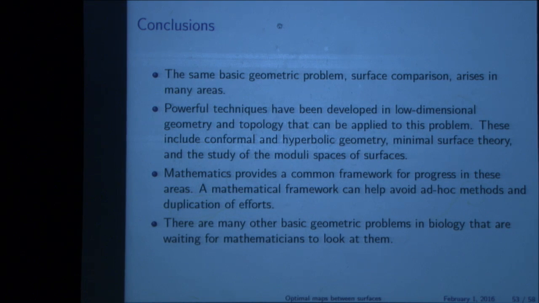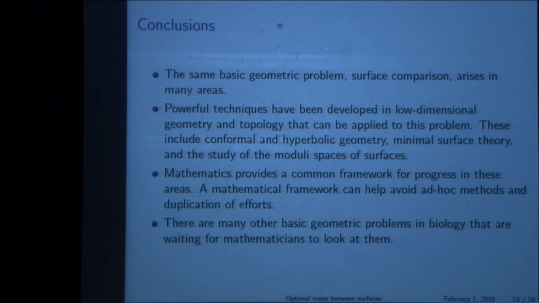So in conclusion, this same basic problem of how to compare two surfaces shows up in lots of areas. There are powerful techniques of low-dimensional geometry and topology that have been developed that can be applied to this problem. One of the roles I think mathematicians can play is providing a common framework for this sort of thing, so they can prevent people from recreating the same theory over and over again.